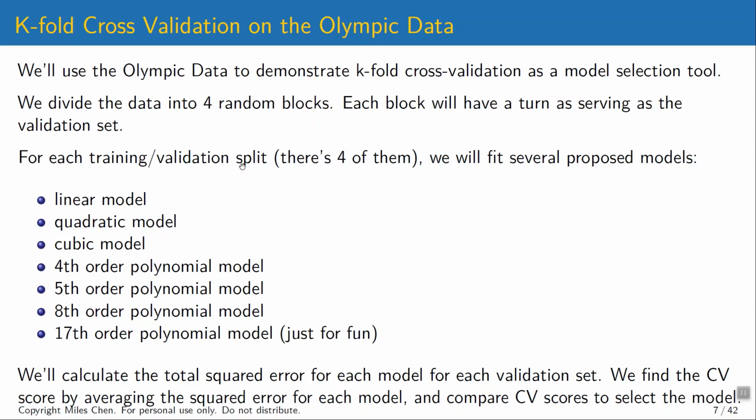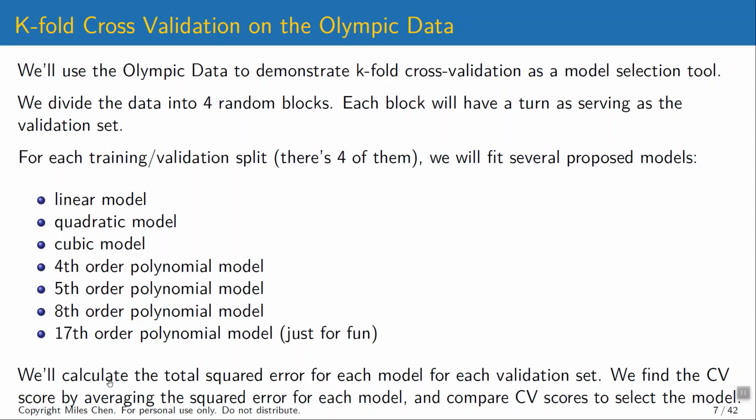So we have 4 different training and validation splits, and for each one we're going to fit linear, quadratic, cubic, and basically polynomial functions of order 4, 5, 8, and 17, just for fun.